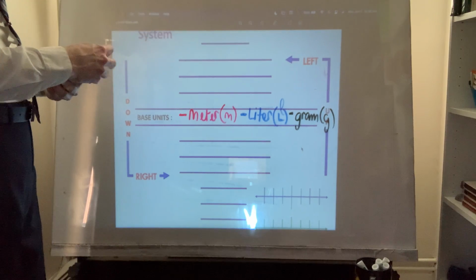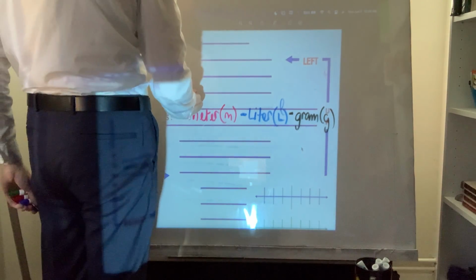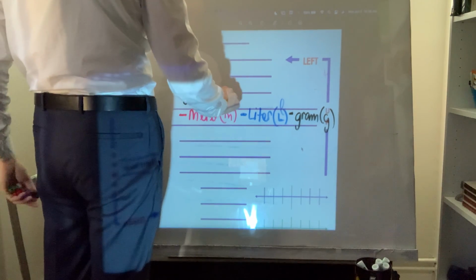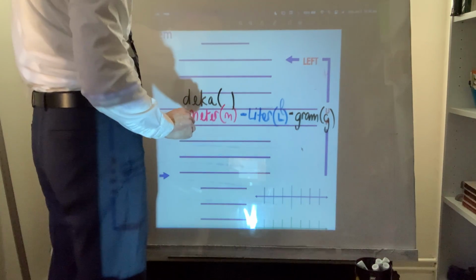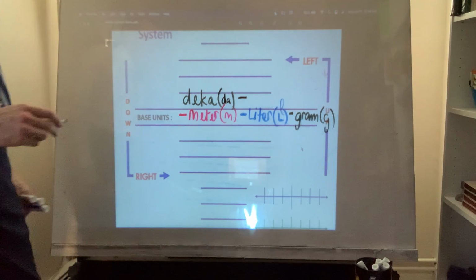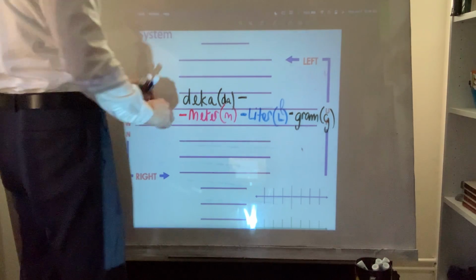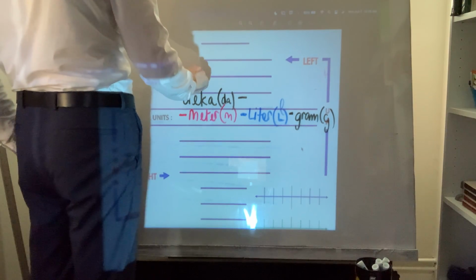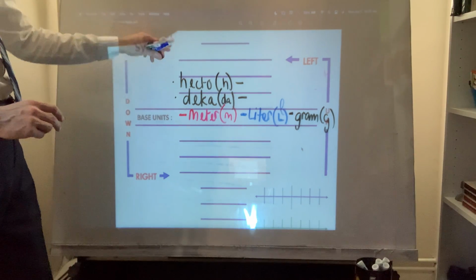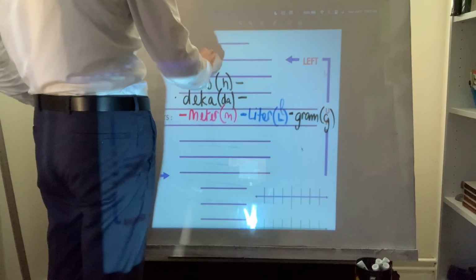So just above meters, there is famously deca, which somewhat inconsistently is DK, or DA, or just capital D, and then above that is hecto, H, and then above that is kilo, K.